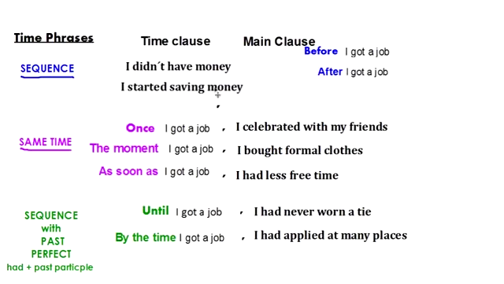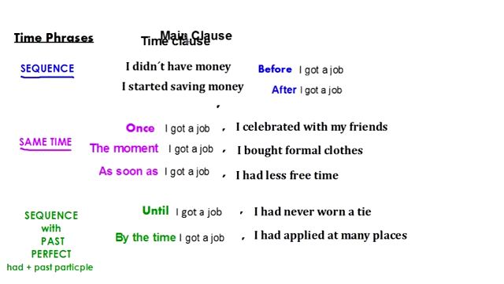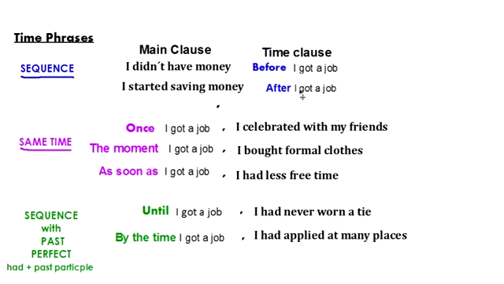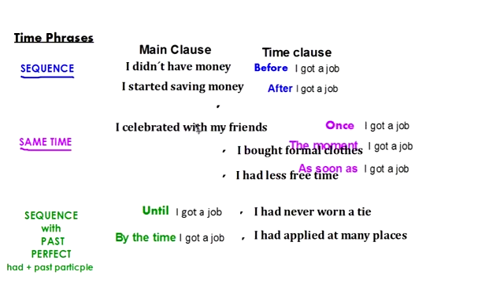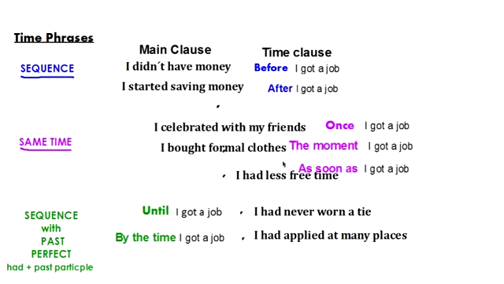I can talk about the main clause first and the time clause second, right? So again, I can say, I didn't have money before I got a job, or I started saving money after I got a job. And the same goes with any of these, basically. You can say, I celebrated with my friends once I got a job. Or you could say, I bought formal clothes once I got a job.